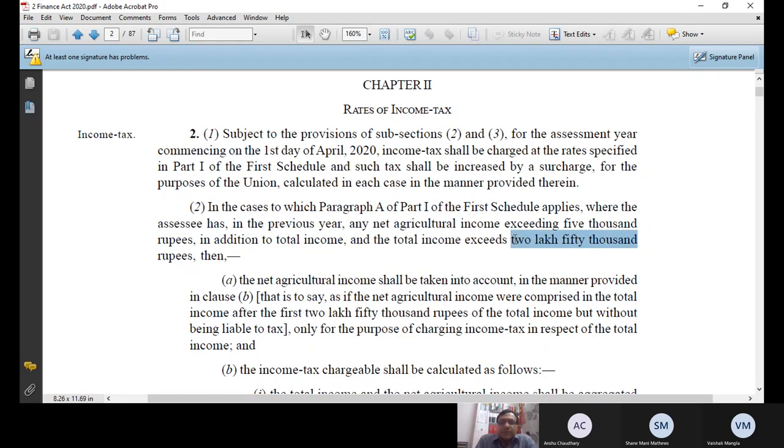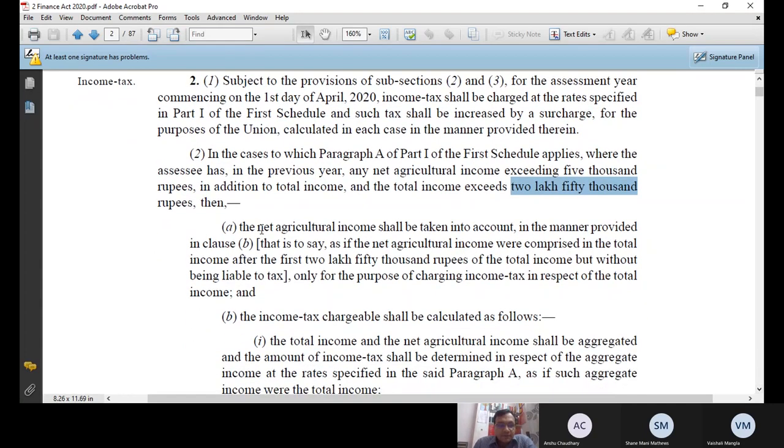So if this happens, then what? Then clause A says what? Is this clear? If net agricultural income is more than 5,000, and total income, that means taxable income, is more than the exemption limit, which can be 2 lakh 50, 3 lakh or 5 lakh, then what you have to do?